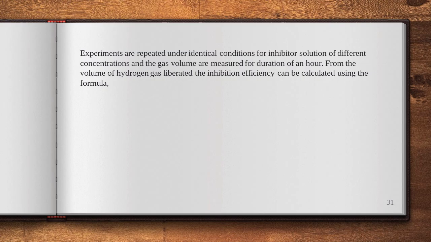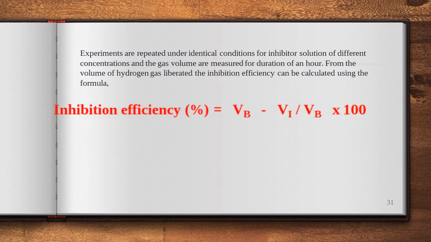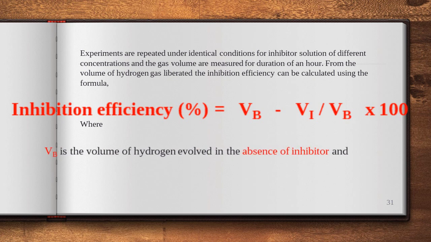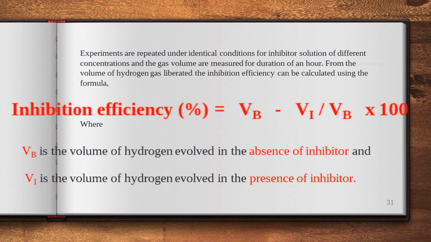From the volume of the gas liberated, the inhibition efficiency can be calculated using the formula: inhibition efficiency percentage is equal to Vb minus Vi divided by Vb into 100, where Vb is the volume of hydrogen evolved in the absence of the inhibitor and Vi is the volume of hydrogen evolved in the presence of inhibitor.